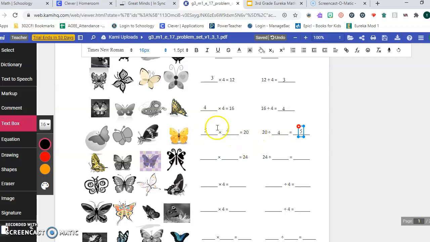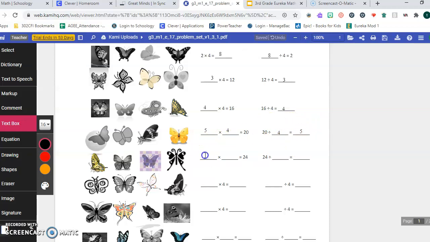Sometimes in lower grades we call them fact families. It's the same parts. We've got 5 groups of 4, and here we've got 20 total items divided into groups of 4 gives you 5 total groups. So it's the same thing, just in a reverse order.